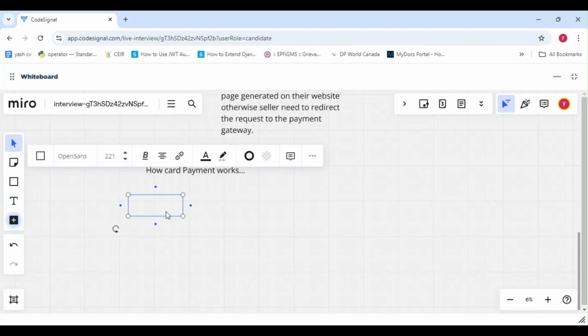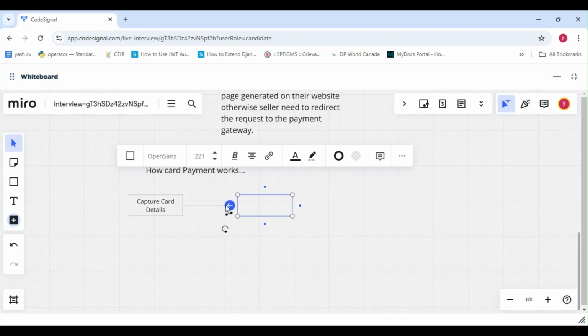First we want to capture card details on the merchant. The merchant is, let's say, Amazon. So in Amazon, first we capture the card details.